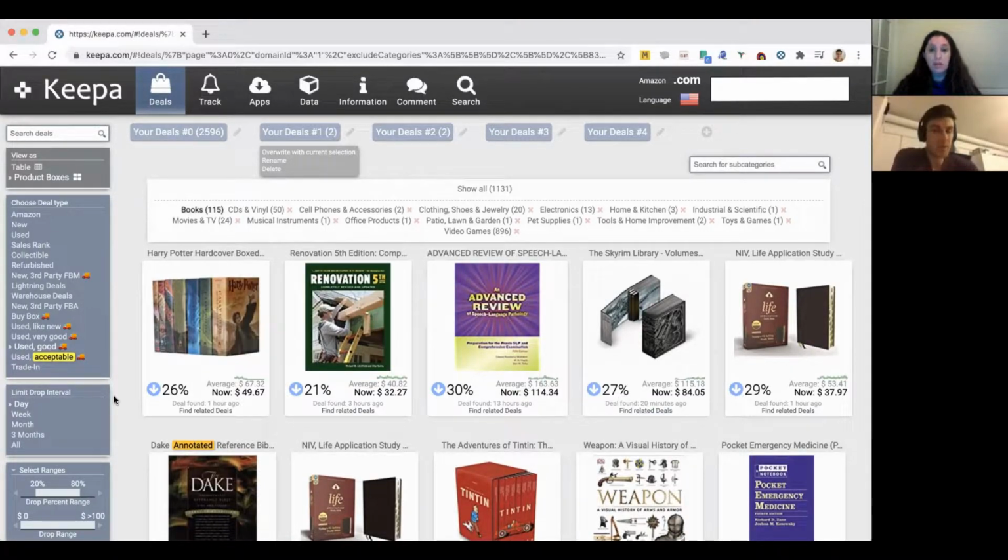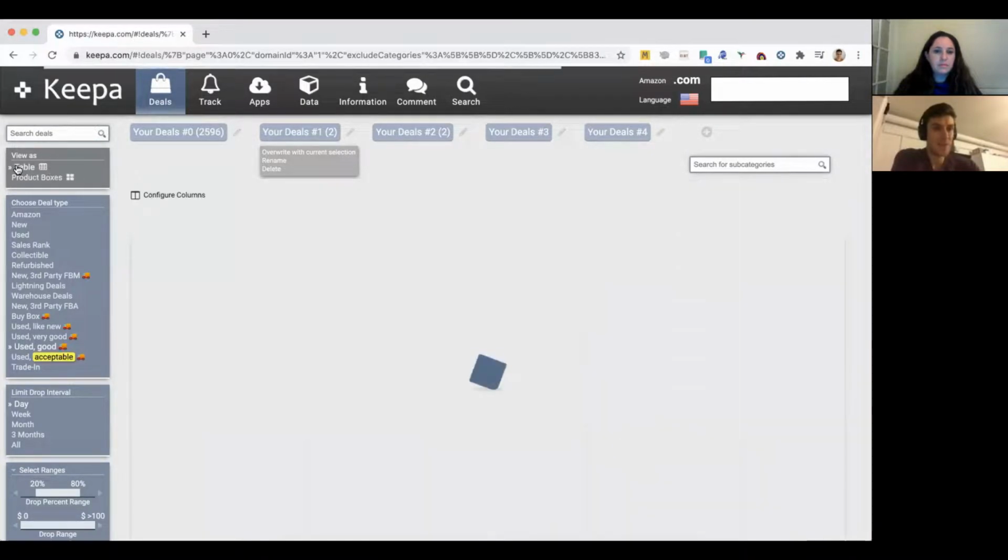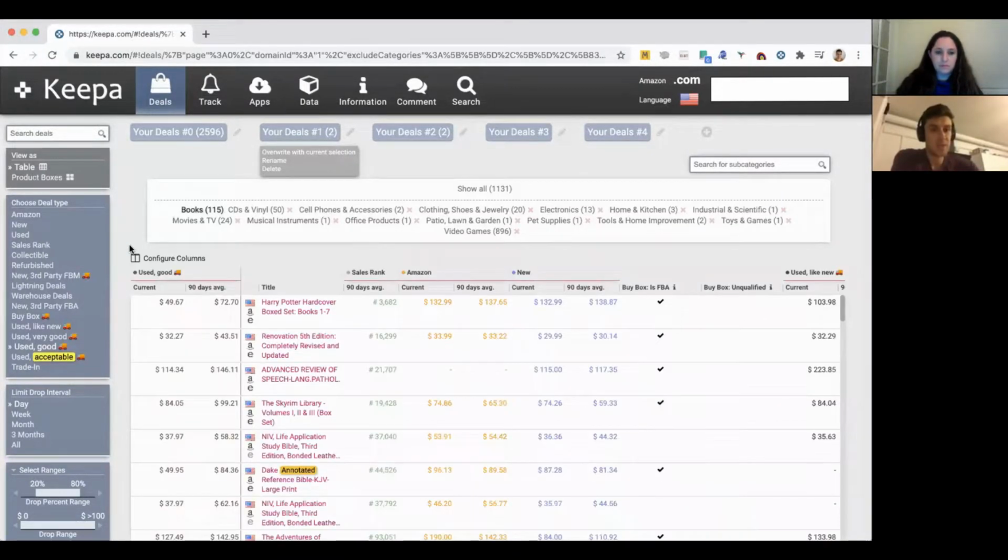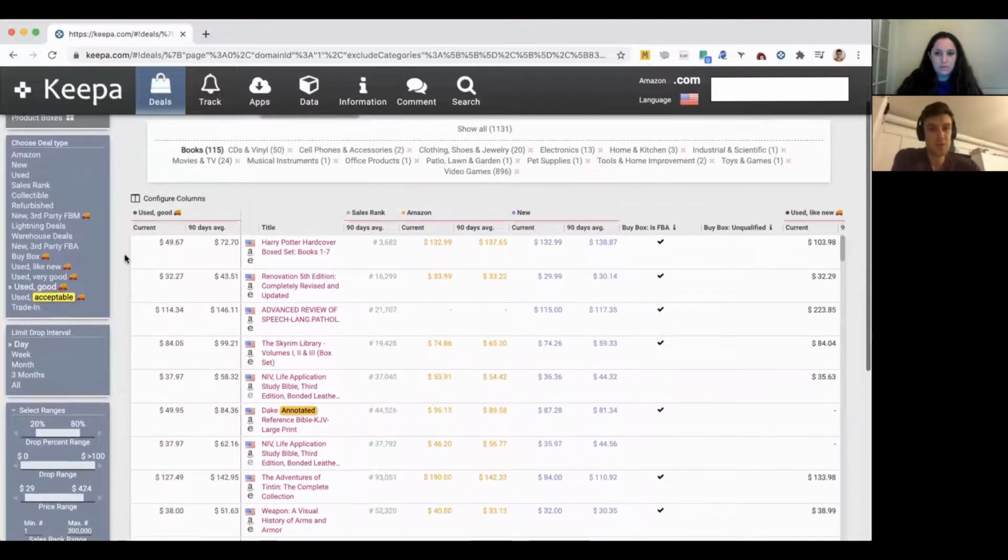What most people don't realize about this page is that it's much easier to look at if, on the top left in the view as box here, instead of product boxes, you click on the table, and then it presents it to you in more of a spreadsheet format. It's a lot easier to read.